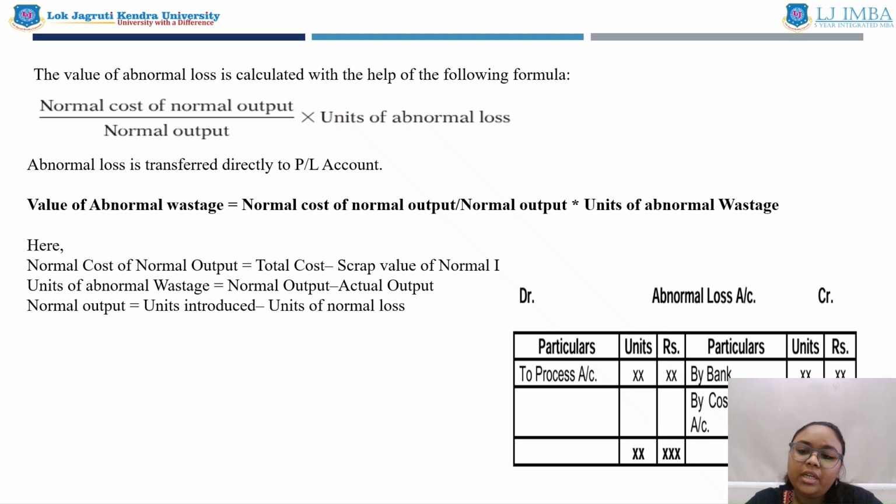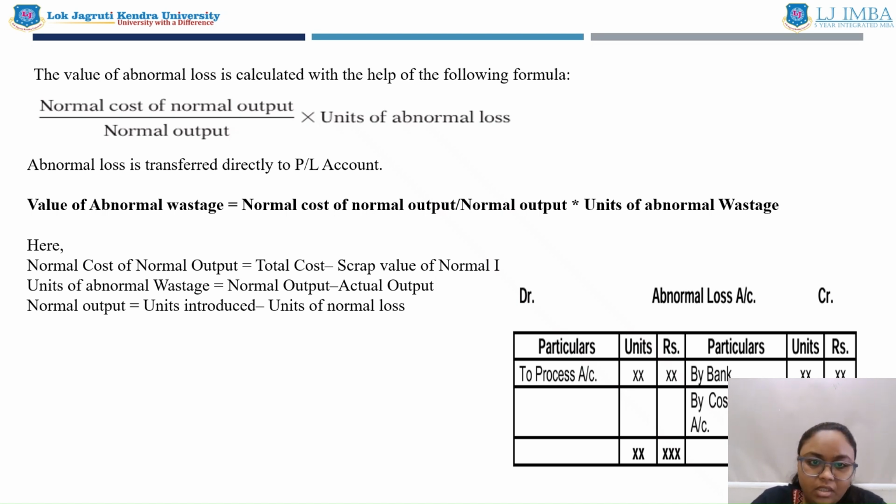By bank account, it is for the scrap value generated from that particular abnormal loss, and the rest of the amount will be written off to the costing and P&L account. This is the basic thing in your abnormal loss account you take up for every process.